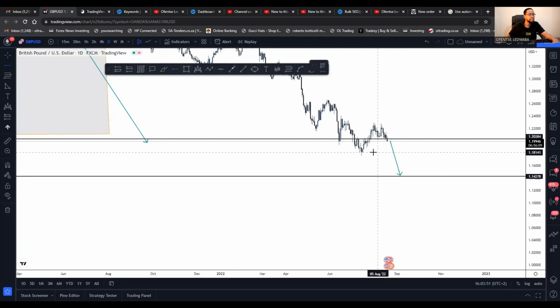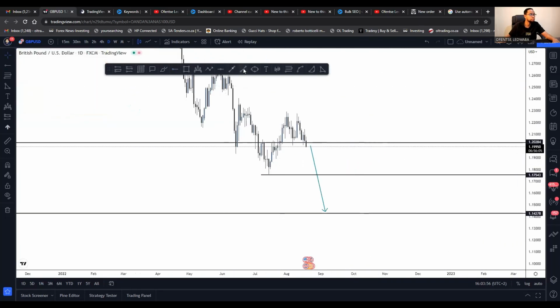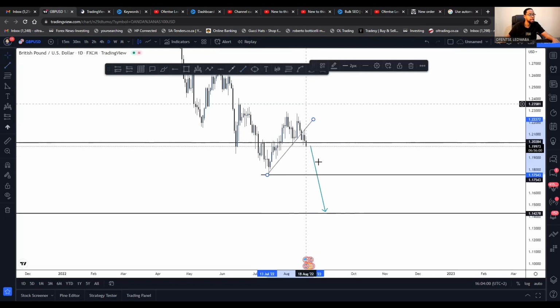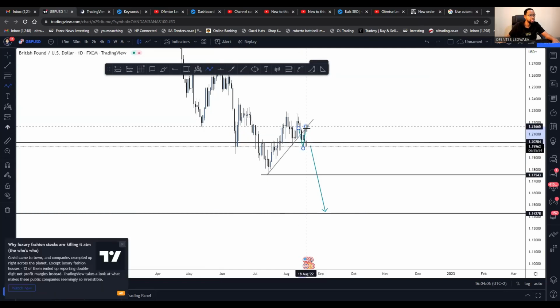But don't forget that the 90% rule here will be this one, because you have the break and a retest. I hope you can see it. We had a break and a retest. Now we expect the market to shoot further down.